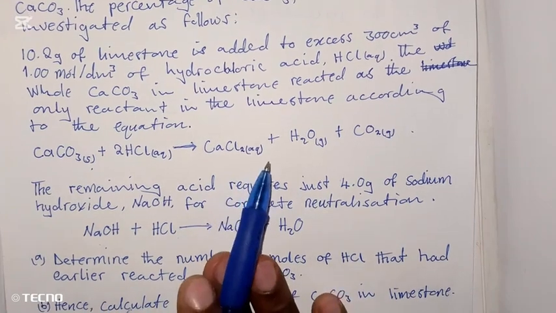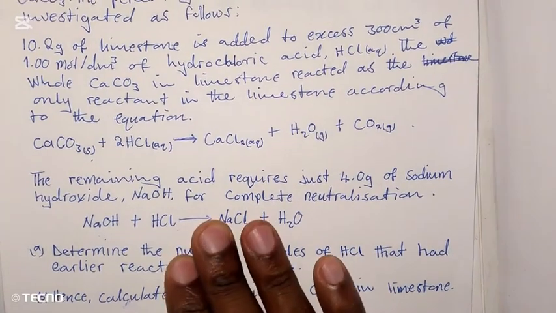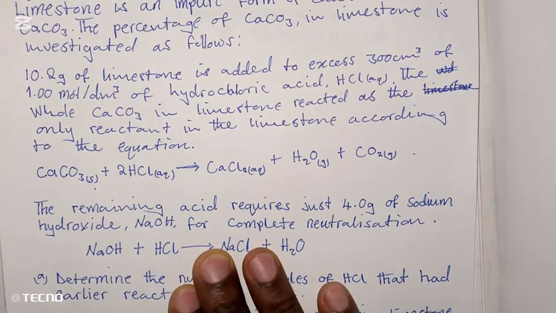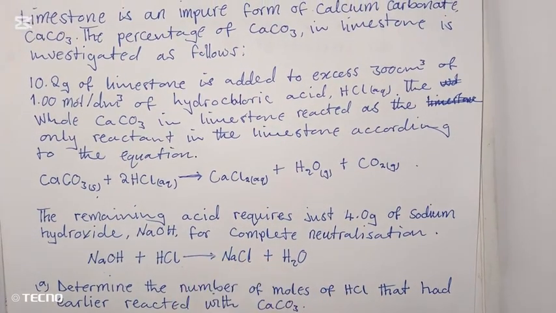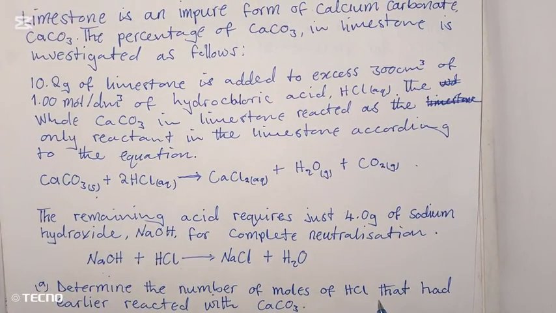So, for us to answer these questions, first thing we need to go back and see what we have been given. The first one is determine the number of moles of hydrochloric acid that had earlier reacted with calcium carbonate.